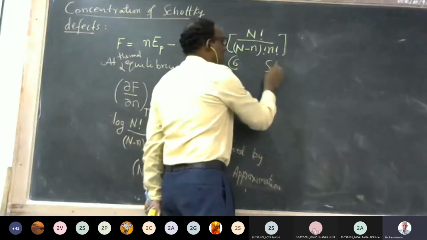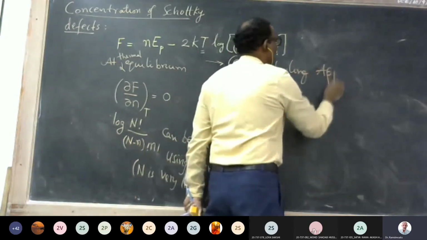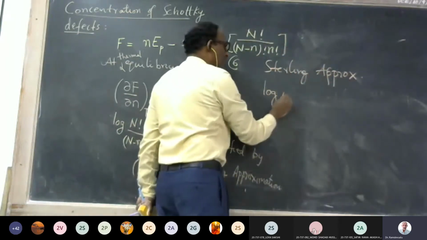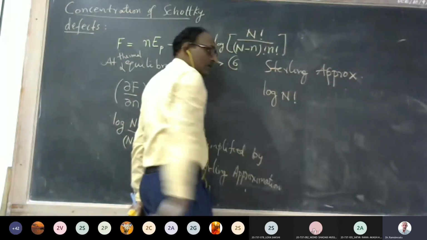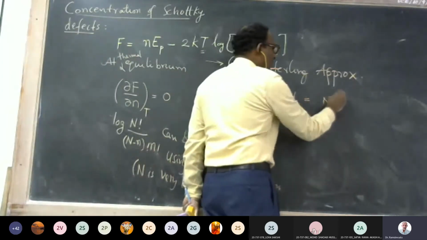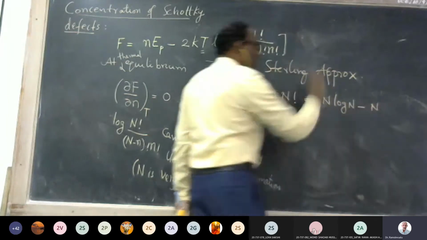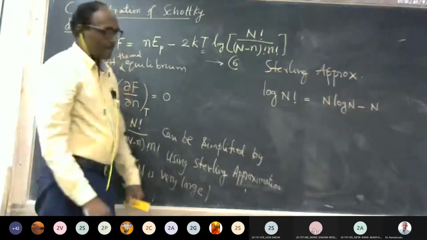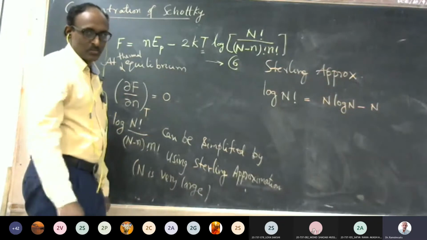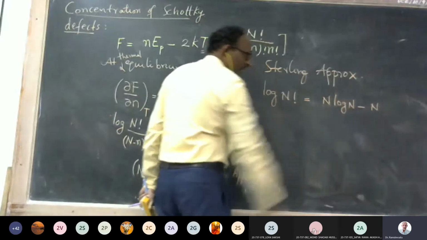So the Stirling approximation says that the logarithm of n factorial, if n is large, is equal to n log n minus n. That is the formula. You can mathematically prove it; you can ask any mathematics teacher to prove it. Log n factorial is equal to n log n minus n.